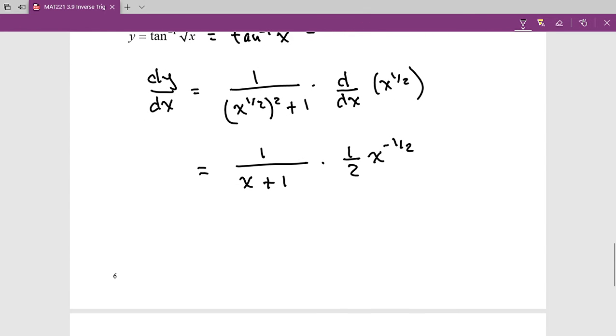Okay, so there's our derivative. Again, let's just write that as one big fraction. In fact, let's go back to a square root here.